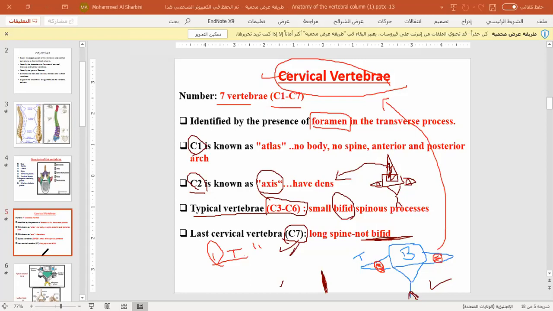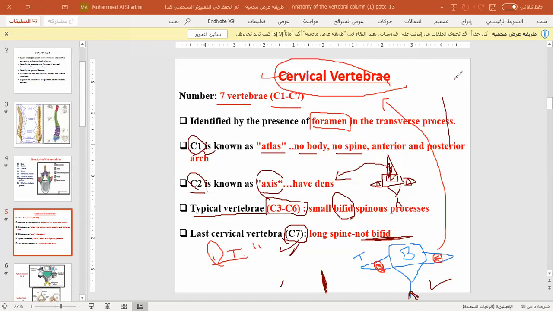Why is C2 the axis? Because it has a bony projection from its body named the dens. Right. Why is C1 named the atlas? Number one has no body and no spine. C1 is very characteristic: no body, no spine.